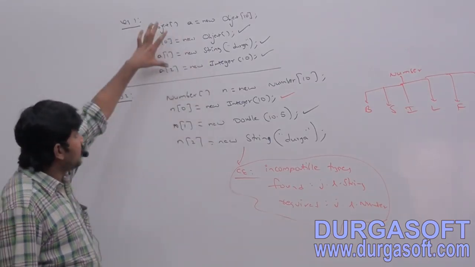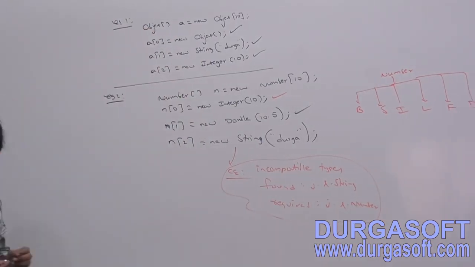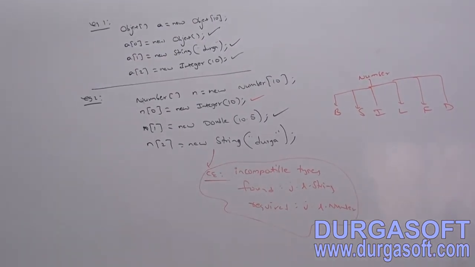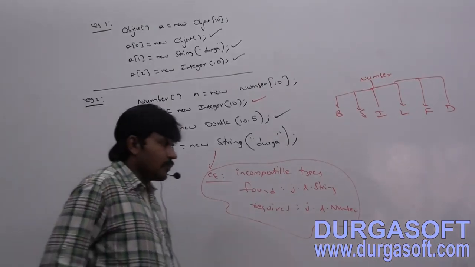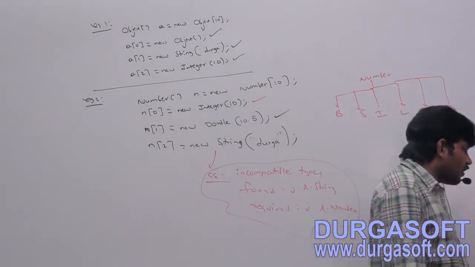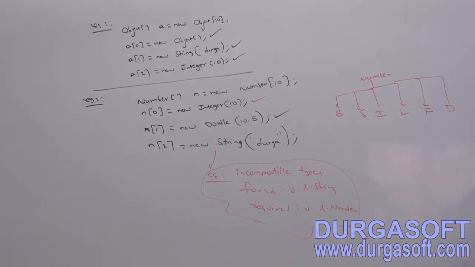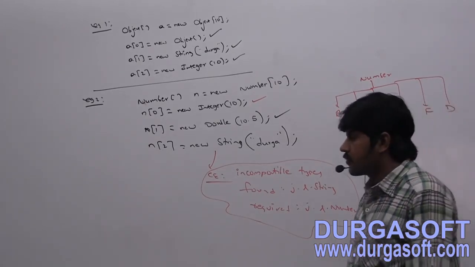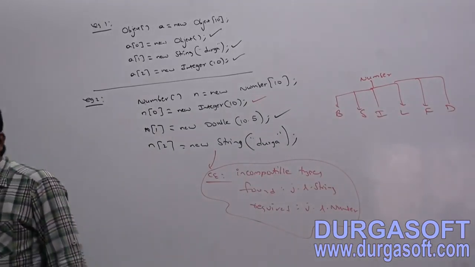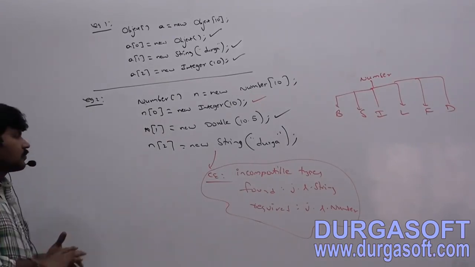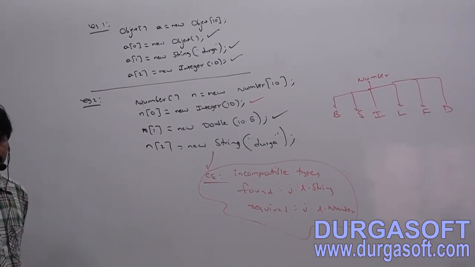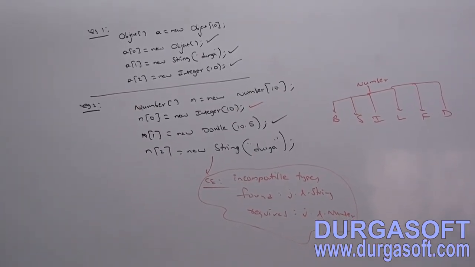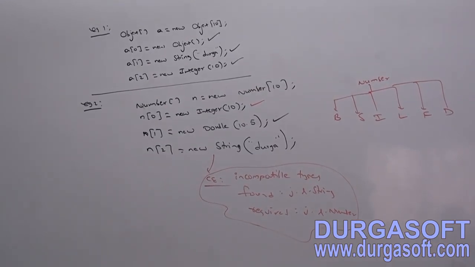Take example 1 and example 2, both clearly. Either declared type objects or child class objects we can provide, no problem at all. Object array A is equal to new object array of 10.